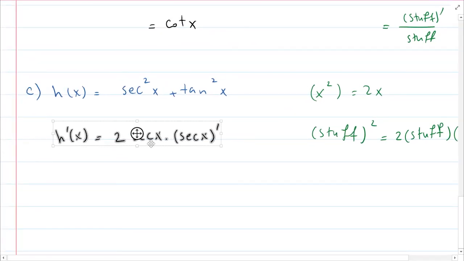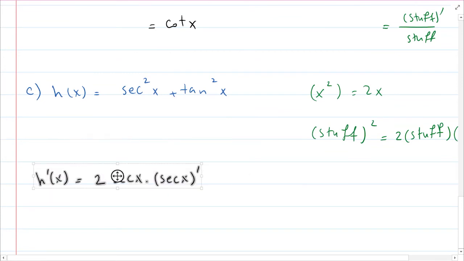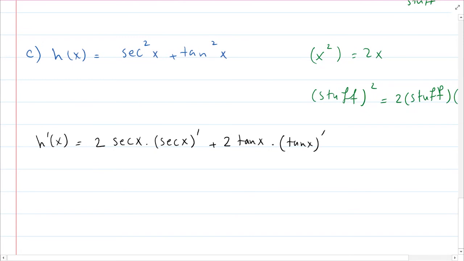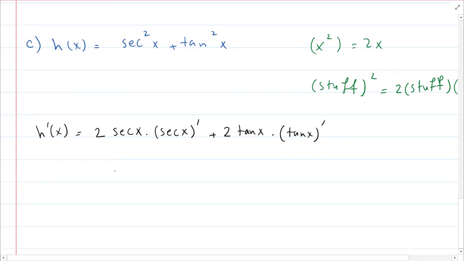And I need to do the same thing with that tan. So that would be 2 tan x, which is to the power of 2 minus 1, multiplied by the derivative of tan x. So let's continue. In the next step, I will do the derivative of secant x.